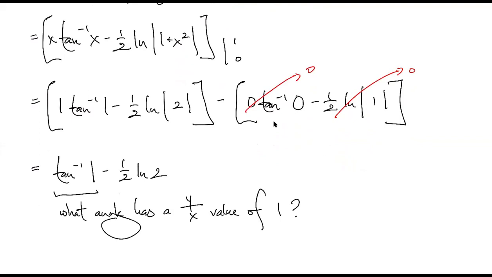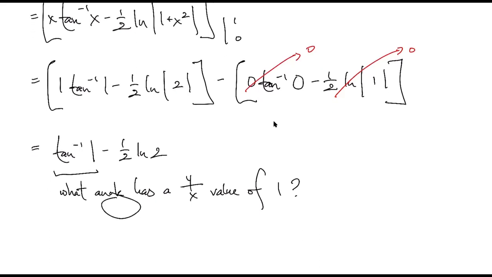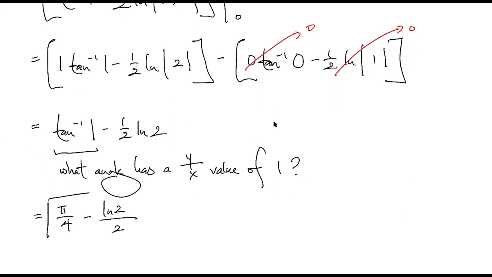If you think about your unit circle, the angle that has a y over x value of 1 is pi over 4. So I can write my final answer as pi over 4 minus natural log of 2 over 2. And again, I don't need a plus c because I plugged in bounds.